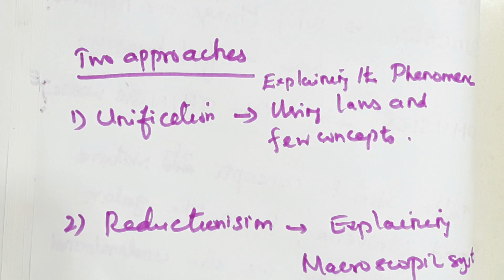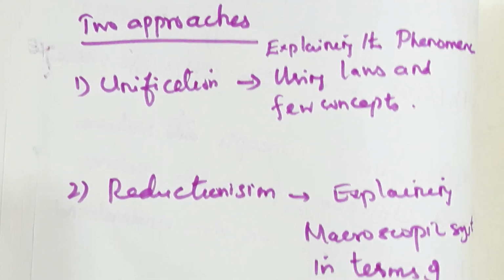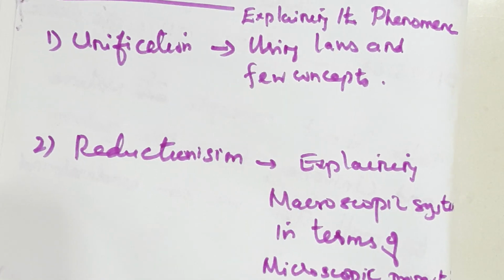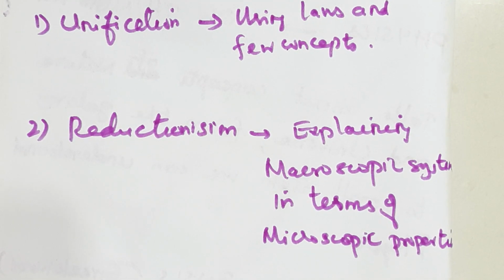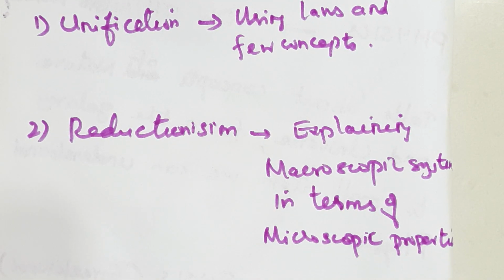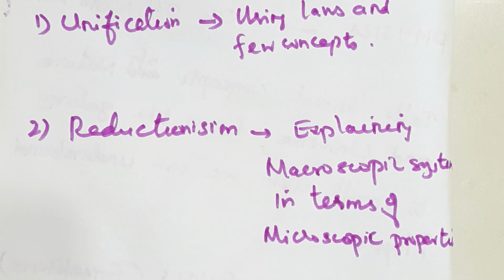The next one is reductionism. This is just the opposite: explaining the macroscopic systems in terms of microscopic properties. What is meant by macroscopic and microscopic? Macroscopic systems deal with the bigger objects, the objects we can see with our naked eye.